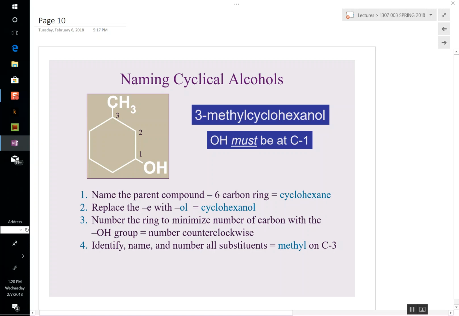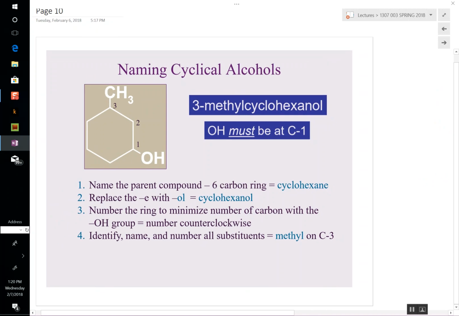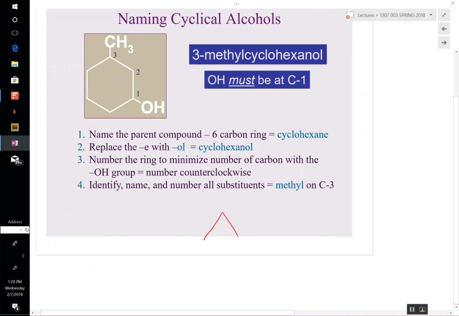Now I still don't need the 1 because I know wherever the OH is, that's where carbon number 1 is, and the methyl is going to be 2 carbons over from it on the ring. So that's 3-methyl cyclohexanol. Okay?